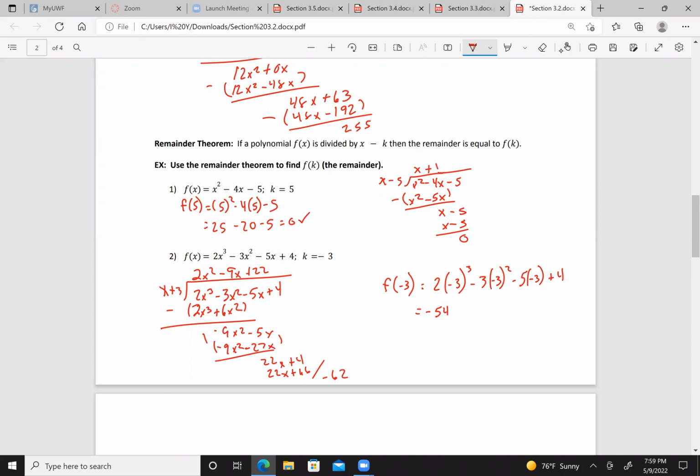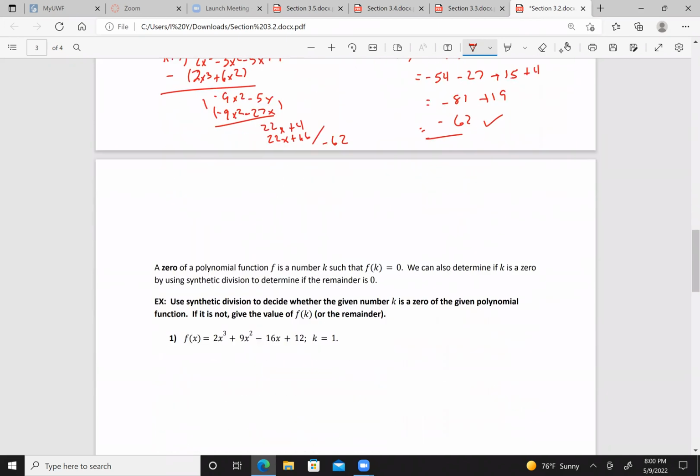Might have an error here somewhere. This is -27, positive 15 plus 4. So this is -81 plus 19, which is -62. So we are good. Check. That is an interesting piece of information.